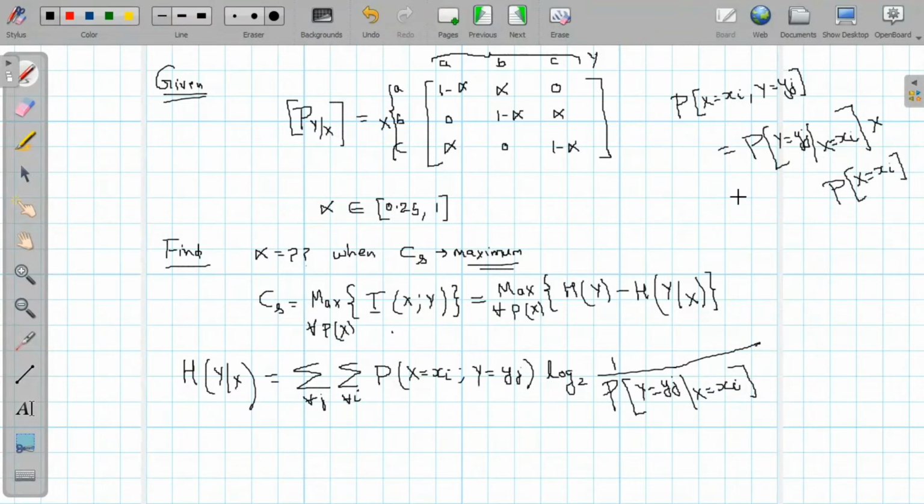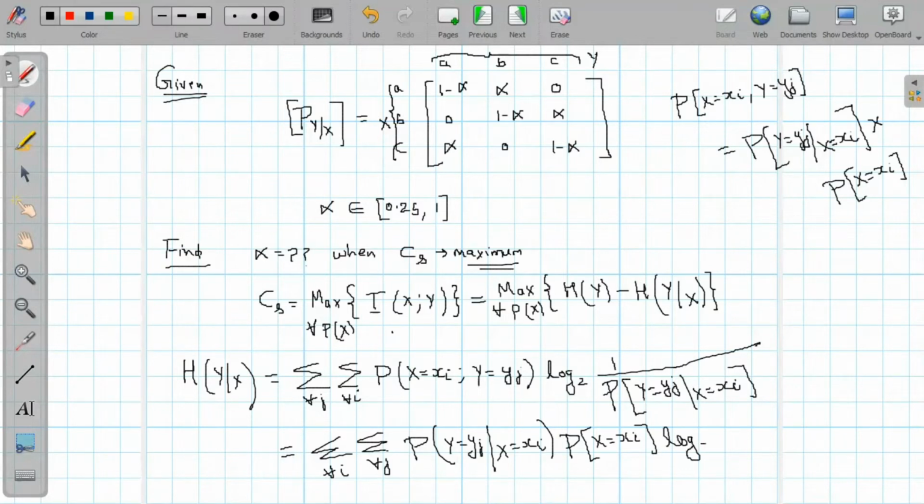So writing this formula in place of this, we can write summation over all values of i, summation over all values of j, probability that Y is equal to yj given X is equal to xi times probability that X is equal to xi, log 2 of 1 by the same thing.